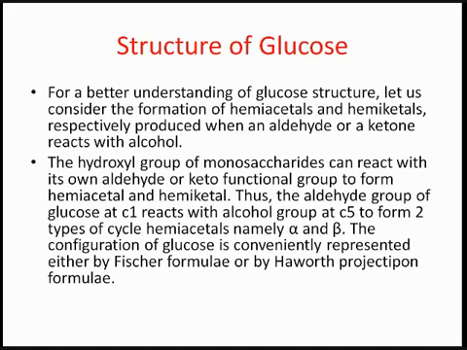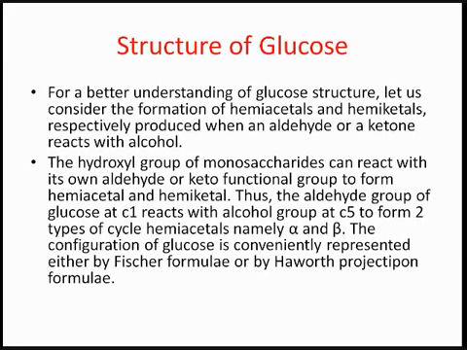Then the OH group, which is held at carbon 1, shifts towards left because of the decrease in its optical activity from 52.7 to 18.7. Then it is referred to as beta D-glucose. And the interconversion of alpha D-glucose to beta D-glucose with respect to the equilibrium glucose is known as mutarotation.